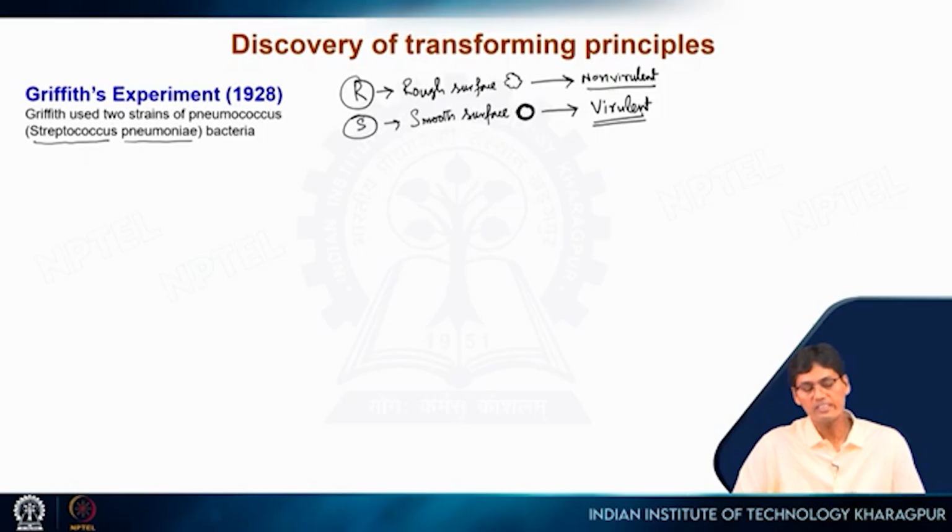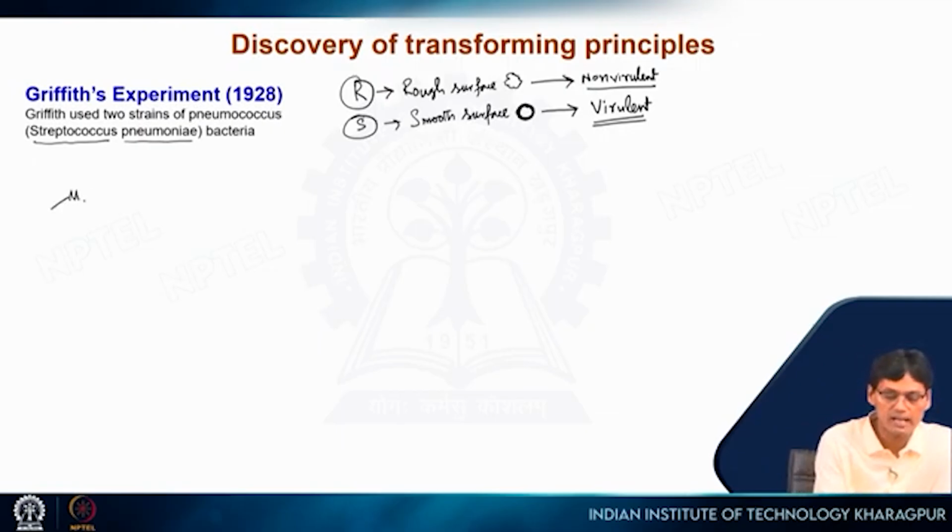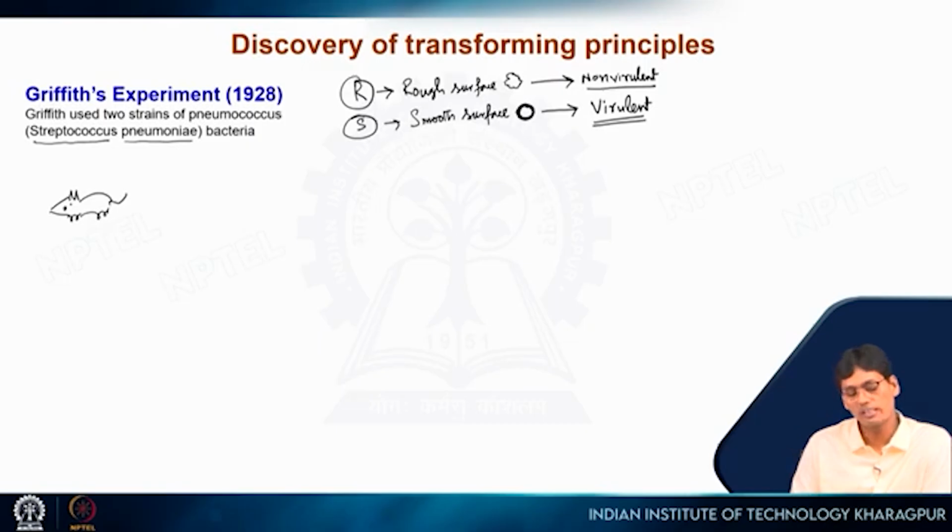Now Griffith did a series of experiments, and he proved something interesting. Griffith used the mouse as a model organism. First, he injected the R strain, the rough surface bacteria.